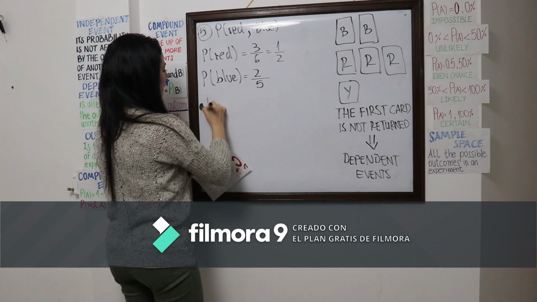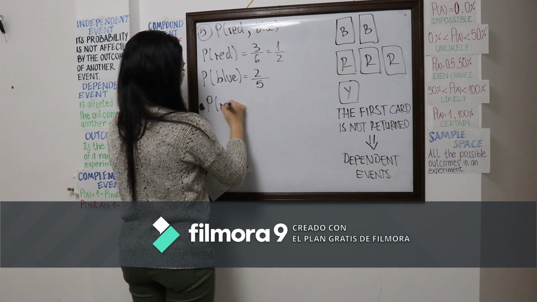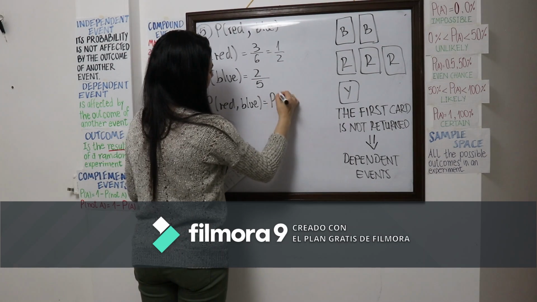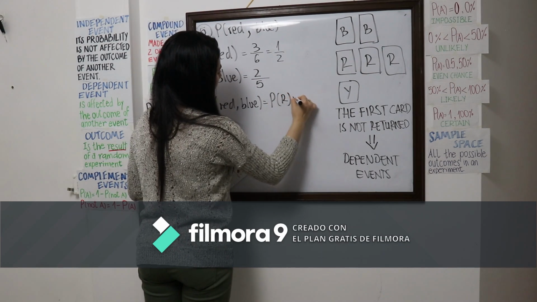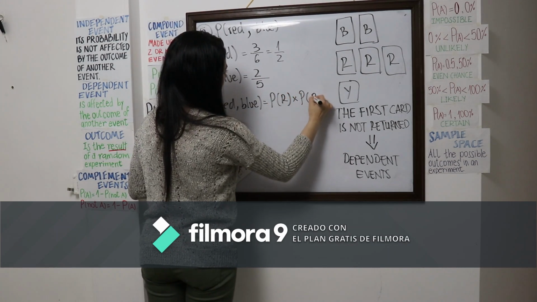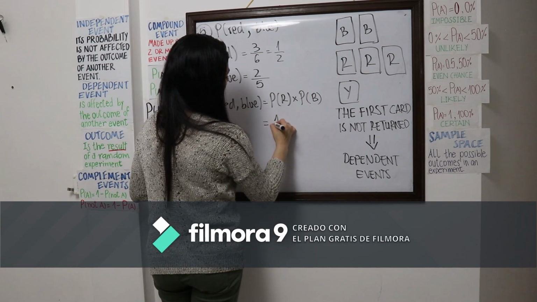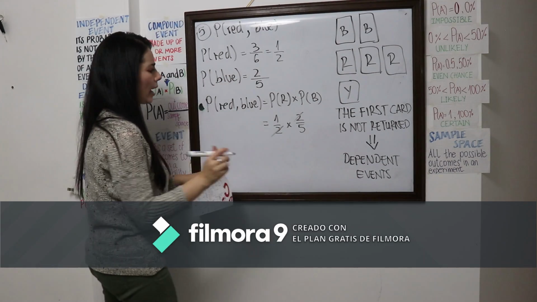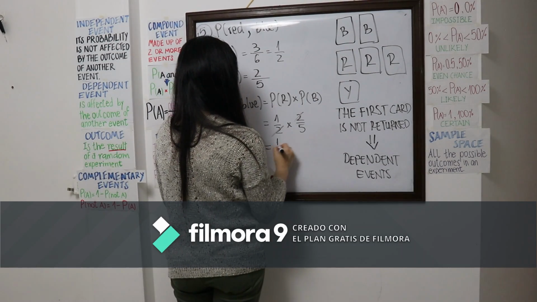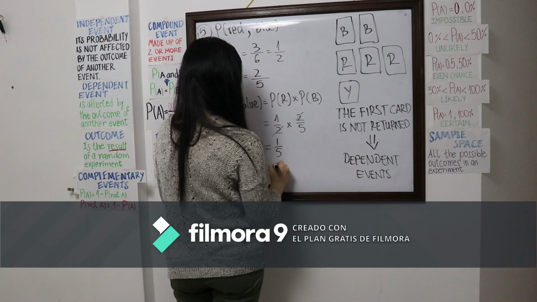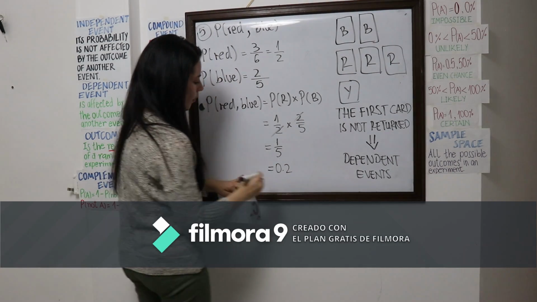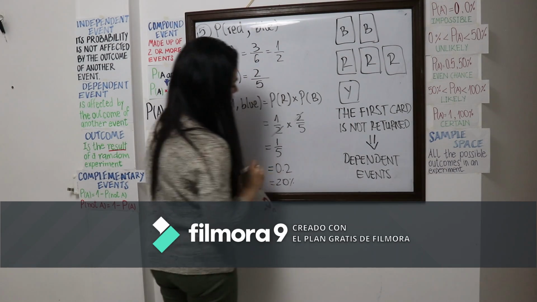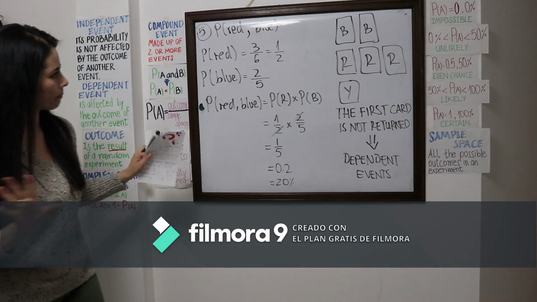Now, I get the probability of those two things together, and that, of course, is going to be the product of the probabilities I get. So it's going to be 1/2 times 2/5. Let's just cancel things out, because we don't want to have to work extra, right? That's going to be 0.2, which is easy also. We already knew that one, and that is 20%. See? That easy.